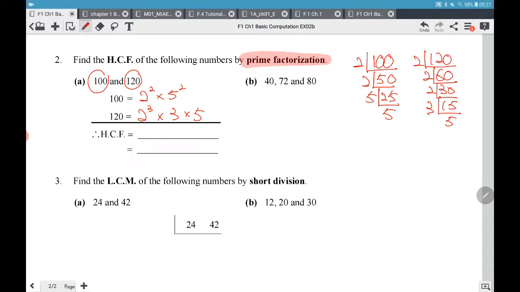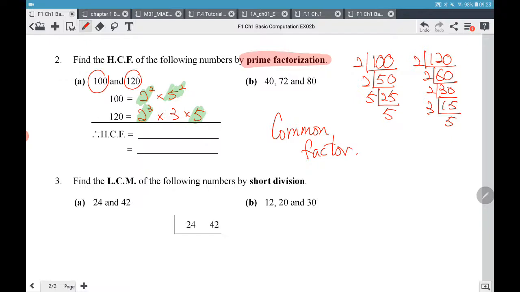Alright? So, when we need to find the H.C.F., we have to find the common factors. That means the factors we can find in both index notations. Therefore, we find that both of them have 2 and both of them have 5 in here.